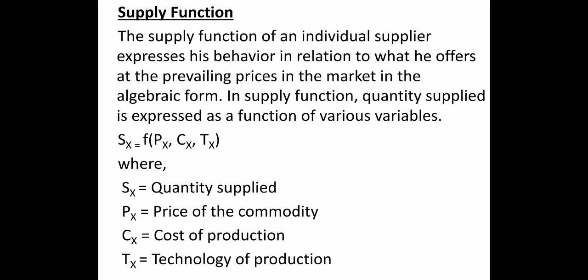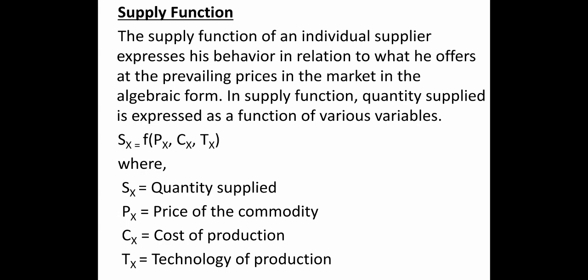So here we can see that Sx is a function of the price of the commodity, cost of production, and technology of production. Sx here is the dependent variable, and price of commodity, cost of production, and technology of production are the independent variables.